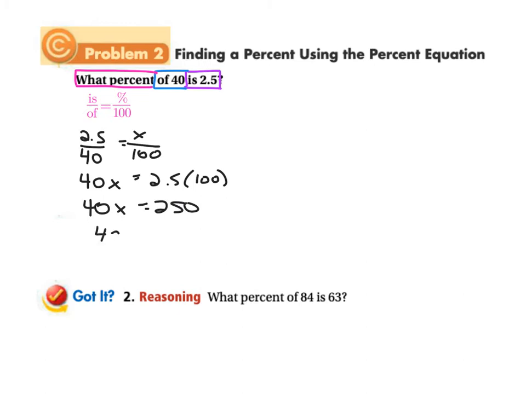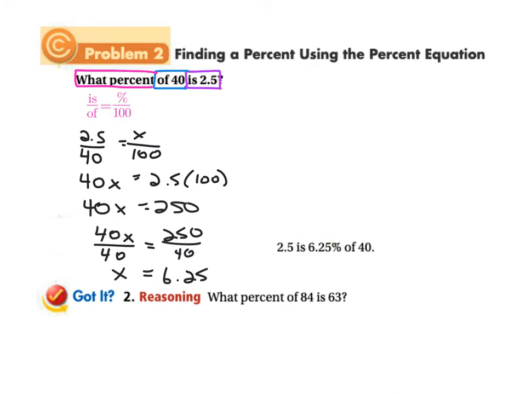As always, we're trying to isolate the variable, so we divide by the coefficient. 250 divided by 40 equals 6.25. So you can write that as 2.5 is 6.25% of 40.